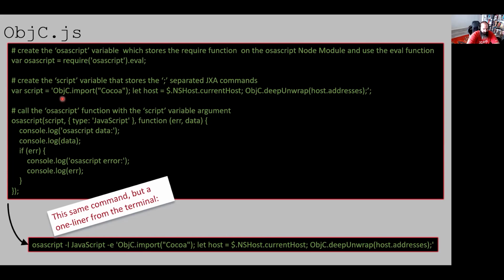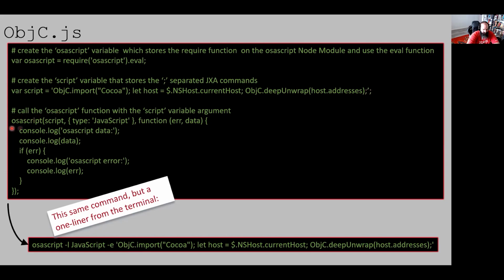We'll talk about the other way that you can use it next, but in this particular example, we're using eval, and then we create this script variable where we're putting this text, and you'll notice this is a one-liner from the last example for getting the host addresses from a system.